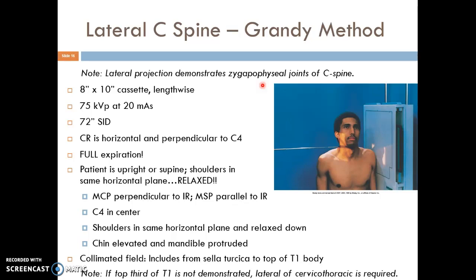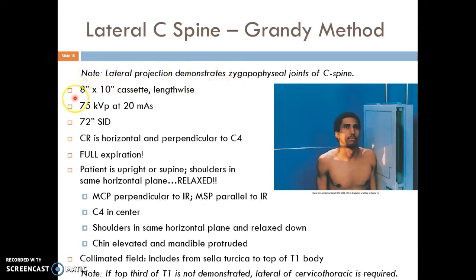The lateral C-spine is done to demonstrate the zygapophyseal joints of the C-spine. Zygapophyseal joints are very important to know. You must know about the zygapophyseal joints and the intervertebral disc spaces, as well as the intervertebral foramen.